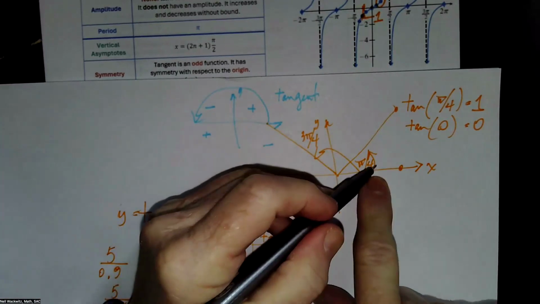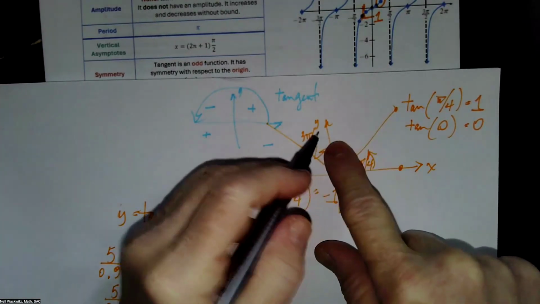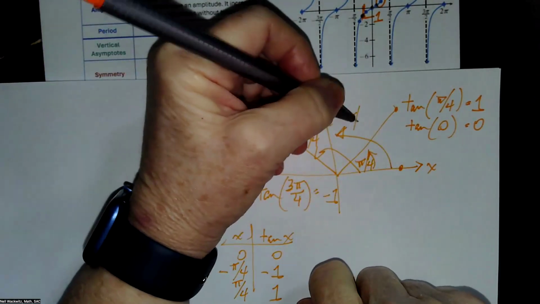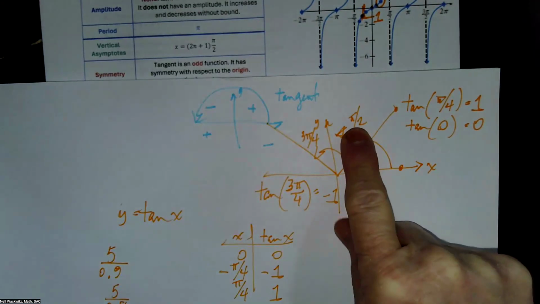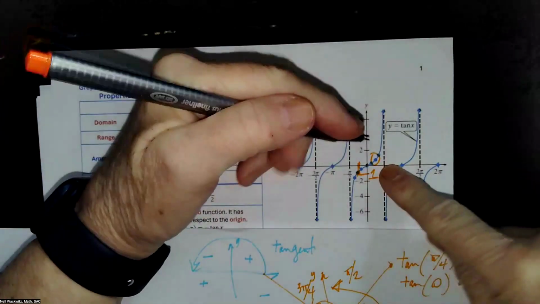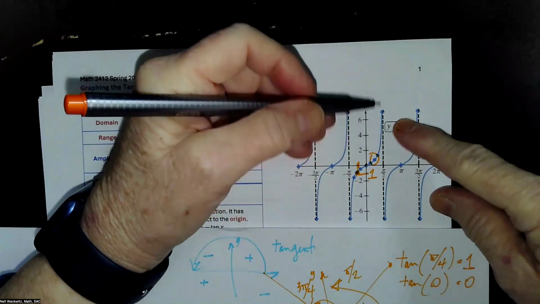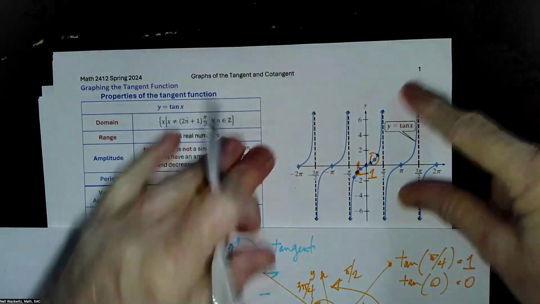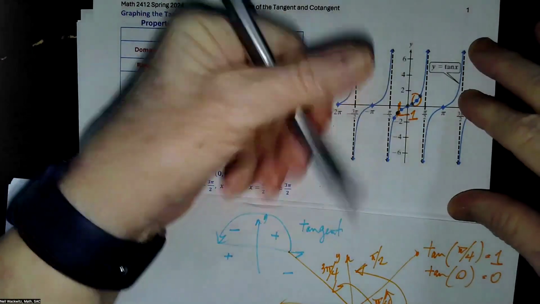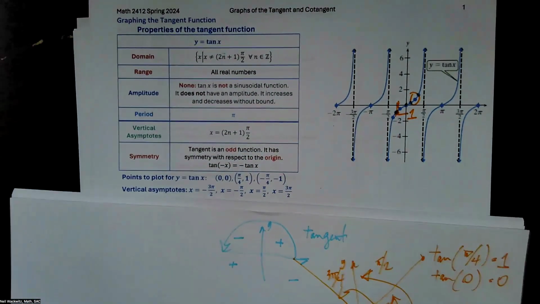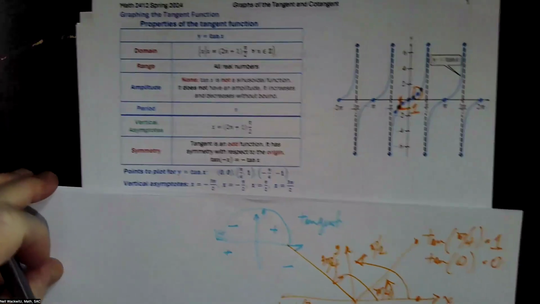And that's exactly what happens to the tangent. So as we get closer and closer to pi over 2, the cosine is getting smaller and smaller. That's blowing up the tangent. And that's why it goes to positive infinity when it gets close to pi over 2, and it goes to negative infinity when it gets close to negative pi over 2. And it repeats that pattern forever and ever.